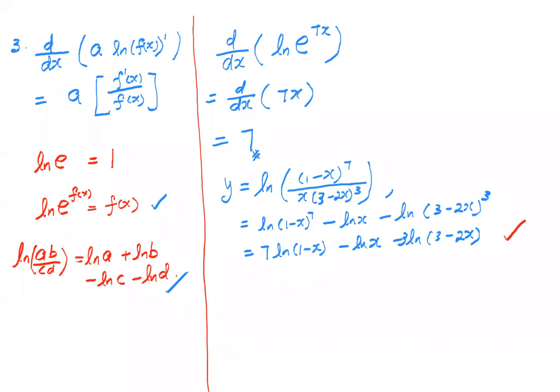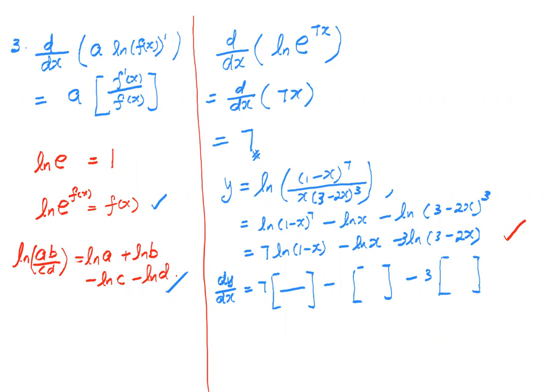Then you start to apply the natural log rule, simple rule: 7 times a fraction, take away another fraction, take away 3 times a fraction. When I do something, I know what result I'm going to get.